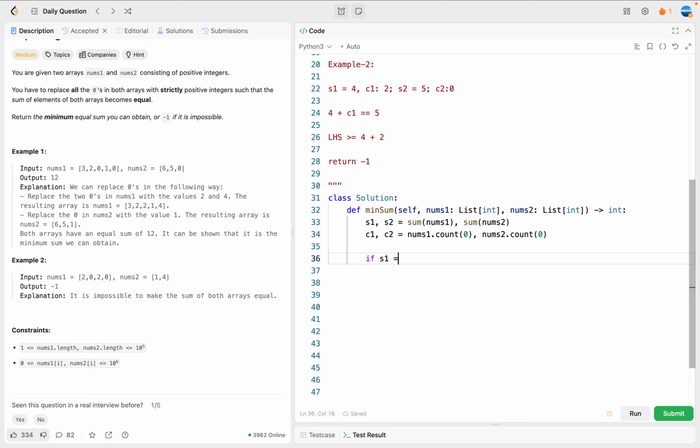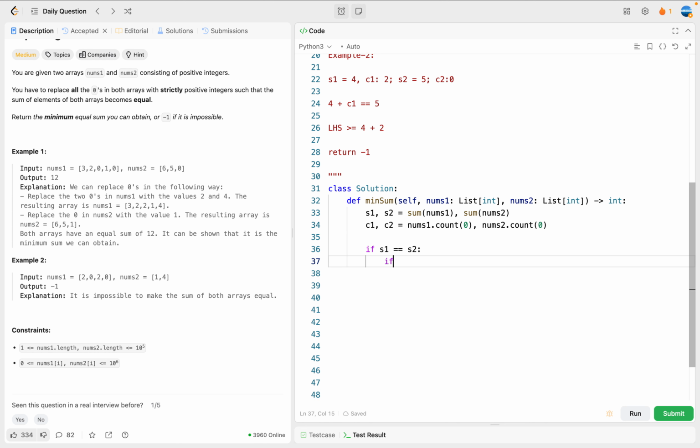First, if S1 equals S2, let's consider this one. If C1 is 0, in other words, the left-hand side just has a plain sum S1 with no zeros, and let's look at the right side. If C2 is also 0, then the two sums are already equal, and we just need to return either S1 or S2. So we return S1 here.